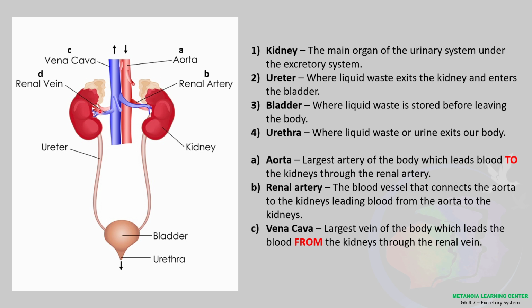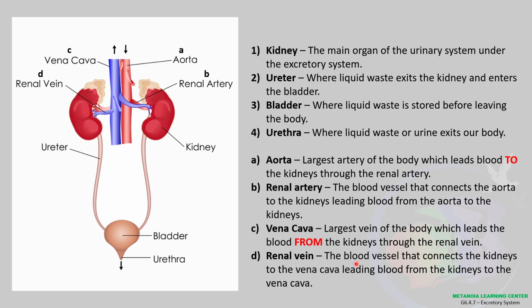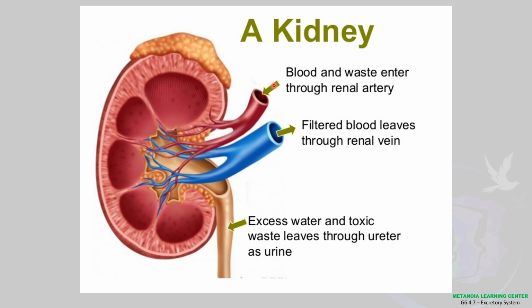This connects the kidney and the vena cava. Renal vein is the blood vessel that connects the kidneys to the vena cava, leading blood from the kidneys to the vena cava. Okay, may connection lang yan. I'm going to explain further sa next photo.